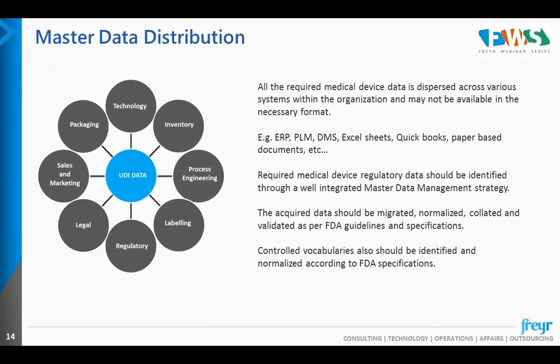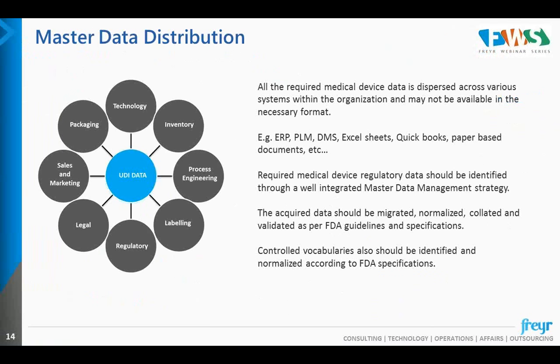Okay, master data management, master data distribution. If you look at the typical enterprise today, you could have data scattered around in different departmental areas. Your ERP system can have product information. You can have data in your labeling department, your process engineering. The regulatory group can own certain attributes of that device information. The legal group might have specific data elements, or they may be reviewing certain parts of those DI attributes.